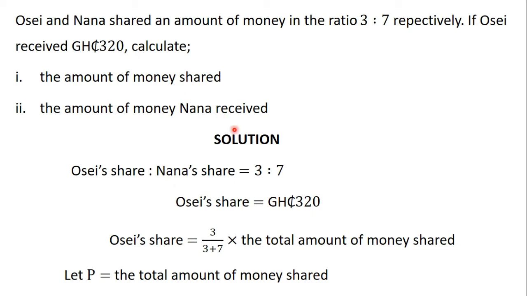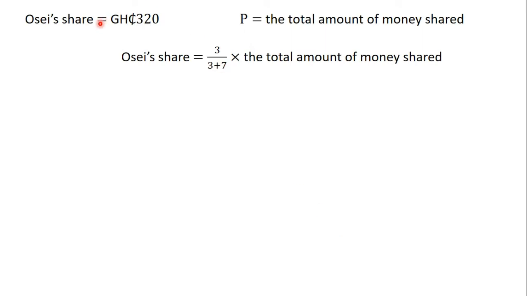Remember, we are told in the question that Osei's share is 320 Ghana cedis. So we know that Osei's share is 320 Ghana cedis, and the total amount of money that was shared between them is P. From the ratio, Osei's share is equal to Osei's part of the ratio, which is 3, divided by the total ratio, which is 3 plus 7, times the total amount of money that was shared.